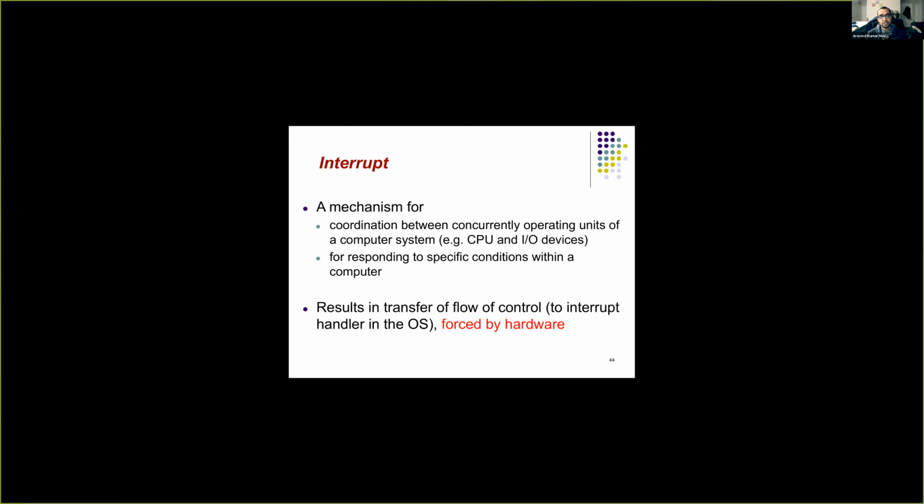So, as I mentioned before, interrupts are a way for the operating system to take care of unexpected events. It also provides a mechanism to coordinate between multiple concurrently operating units, for instance, the processor and a keyboard or mic, right? The processor is executing some code. At the same time, a mic or a camera is capturing the video, processing the frames and sending the data to the processor.